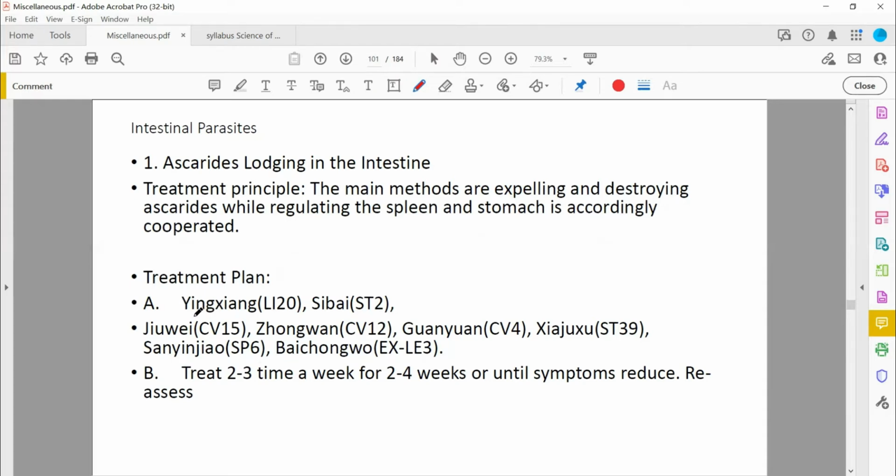So we use Yingxiang, LI20. So this one will use penetration. You can penetrate from Yingxiang to ST2. That's from experience.